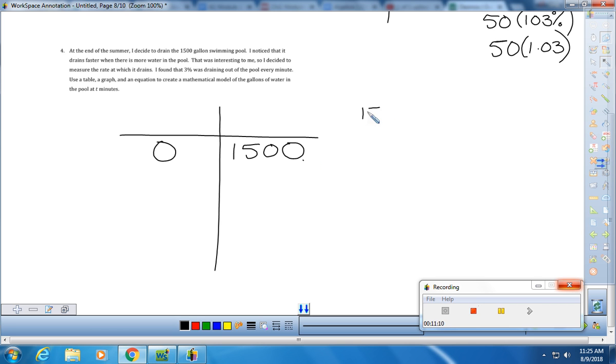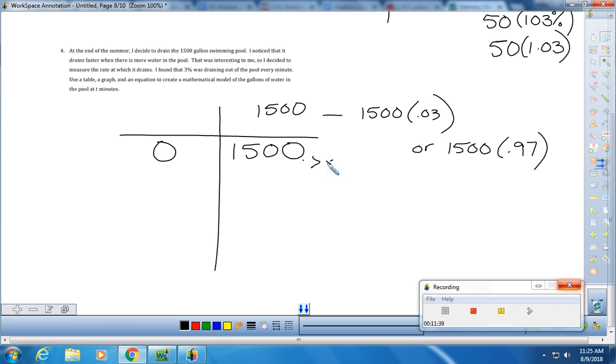We could do 1,500 minus 0.03 times 1,500, or you could just multiply 1,500 times 97%, because 97% of the water still remains after a minute. So 1,500 times 0.97.